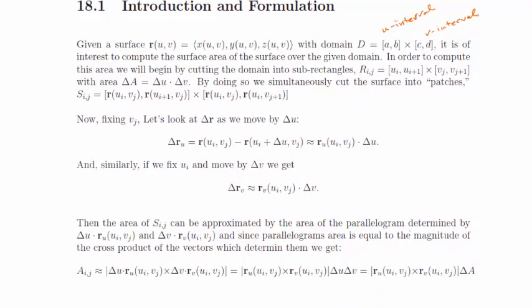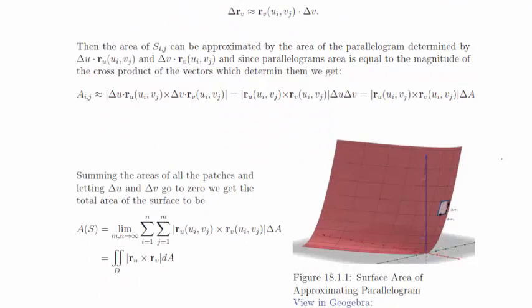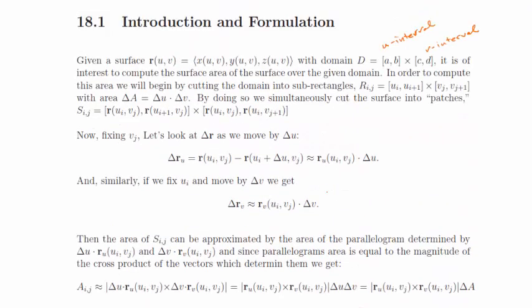So we cut the domain up into these little subrectangles, and when we do this, we simultaneously cut the surface into patches. So the patches are different than the subrectangles, right? The patches are what we actually see on the graph here. So here we see the patches given by the subrectangles that are in the domain that we don't exactly see. So the patches that we have are S sub i,j equals the interval of r of u sub i, v sub j to r of u sub i plus 1, v sub j.